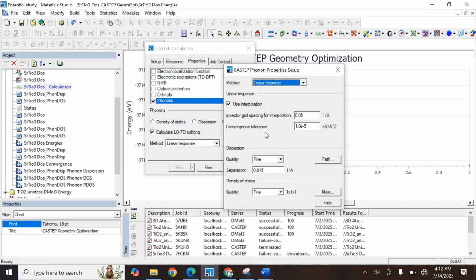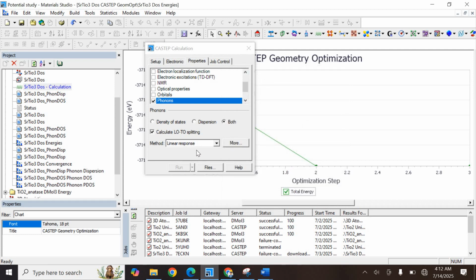I set the atomic displacement separation to 0.015 angstrom, and also the q-vector range from 0.05 to 1 angstrom. This defines how the system will be perturbed during the phonon calculation. After that I submitted the job to calculate phonon DOS and phonon dispersion.